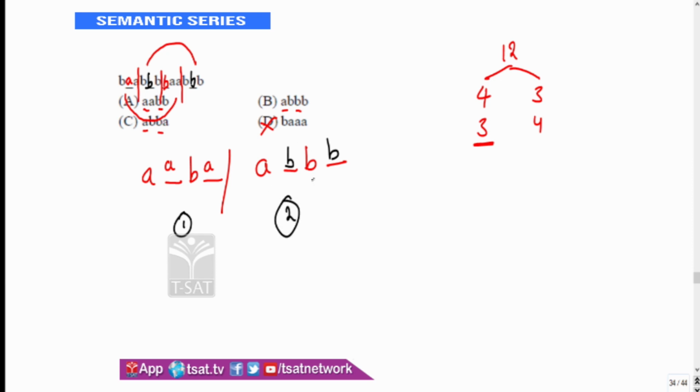Check the options. You have option B, so B is the answer because the second one shows A triple B. So in this question what did we do? We simply divided the question into parts, and after seeing the parts we checked for the common. So the student has to always check for the common: how many letters are repeating, how they are repeating.